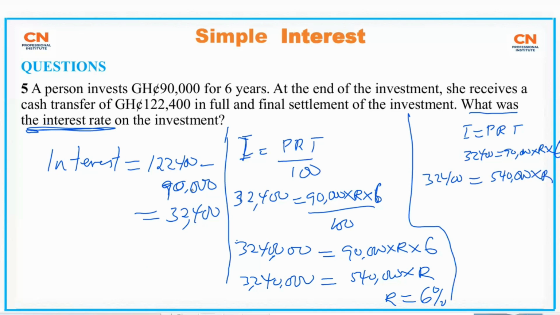So that will be 32,400 divided by 540,000.